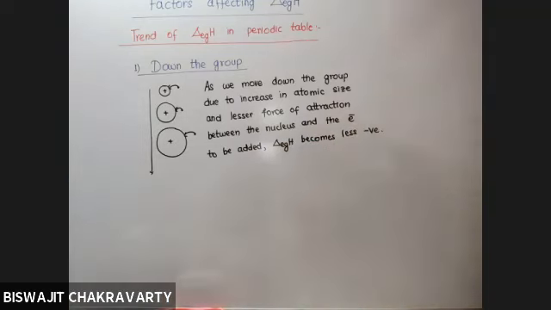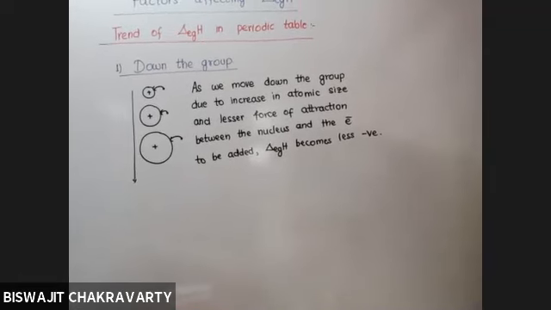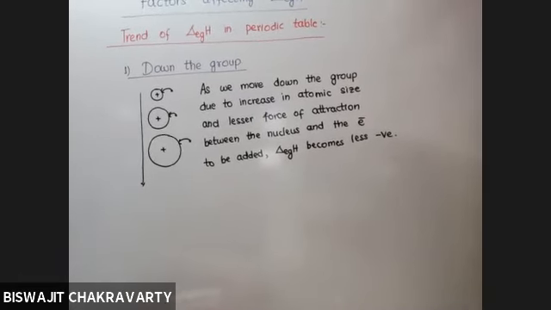Because here, more negative means greater force of attraction. So as we are moving down the group, delta EGH becomes less and less negative. Yes, sir. I hope the point is clear to everyone. Yes, sir.